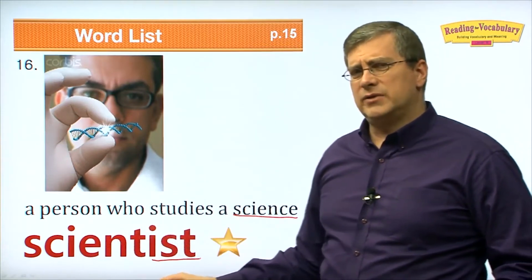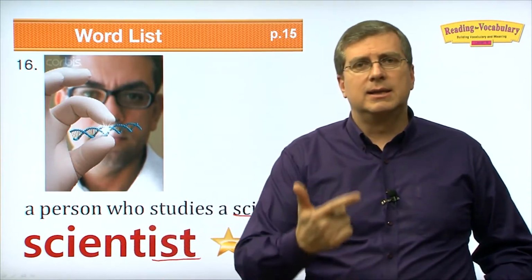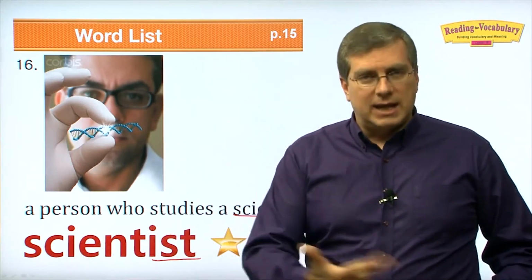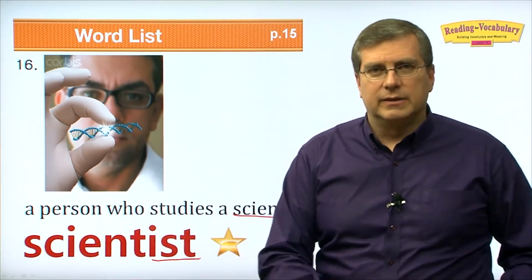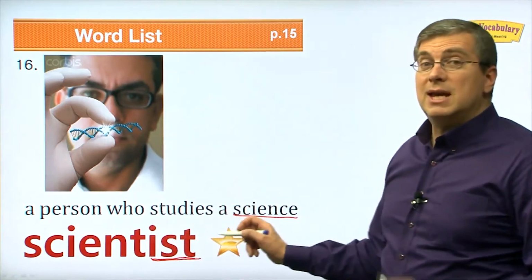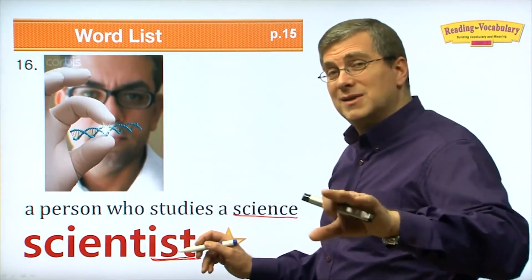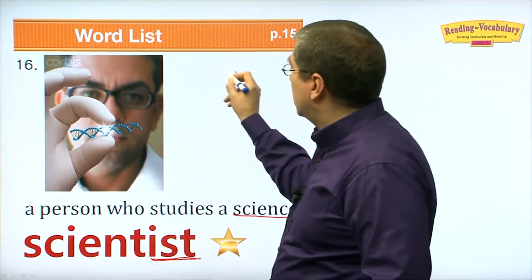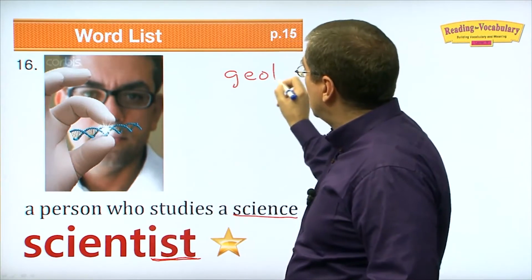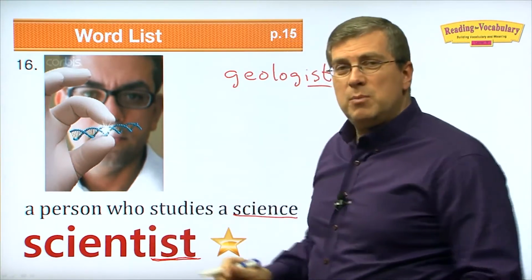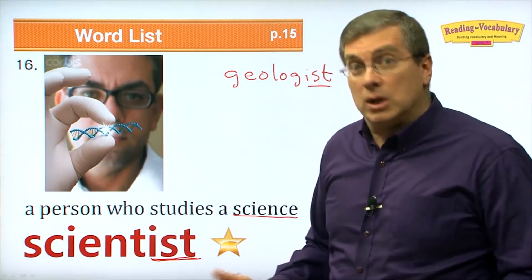Scientist. How many sounds do you hear? Scientist. Okay? So that's the word. And remember, IST is used for many things, especially when we're talking about science. People who study geology, what are they called? They are called a geologist. IST. People who study biology.